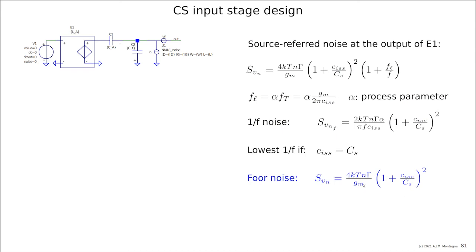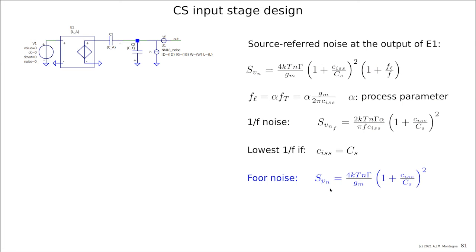And of course, Ciss is also related to gm because both depend on W, but gm can be made independent of Ciss by increasing the current. So we use the current as a degree of freedom to make the floor noise as low as possible.